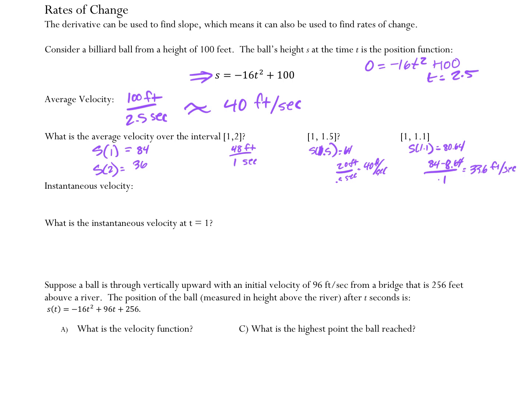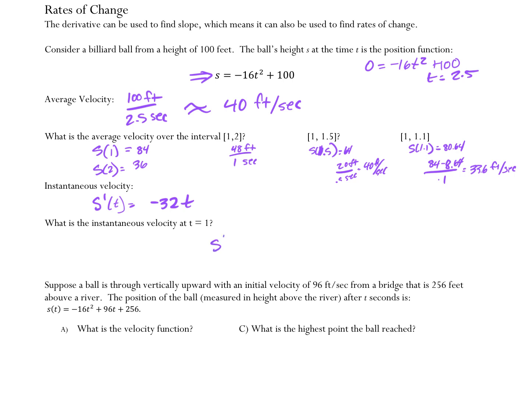Okay. So essentially, if I'm trying to figure out how fast it is going at exactly 1 second, I essentially need to take the limit as we're getting closer to t equals 1, which is the derivative at t equals 1. Well, what is s prime of t? Negative 32t. So what is the instantaneous velocity right at t equals 1?